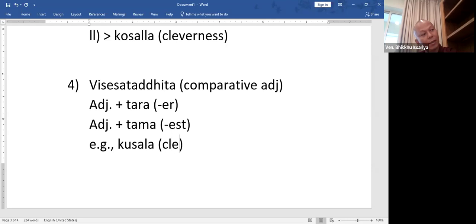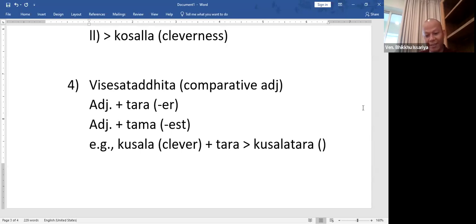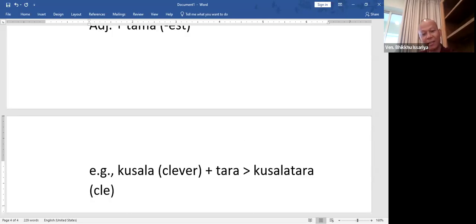Now kusala means clever. Now tara. So kusala tara means cleverer. Okay. Cleverer.